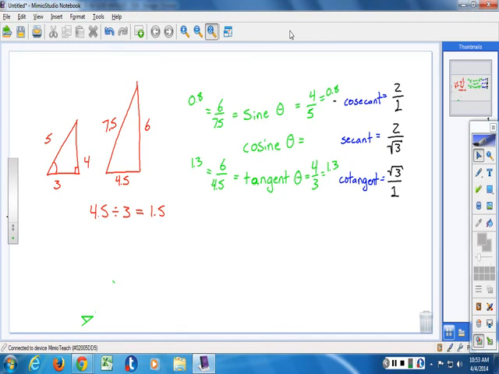If they've given us a 75-degree angle, even though we don't know the size of the triangle, we know the ratio is going to be absolutely consistent. That's why when you type in sine of a number and hit equals, it gives you a ratio of two different values. That's going to be the next step.